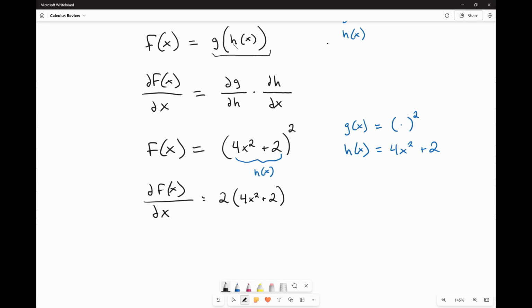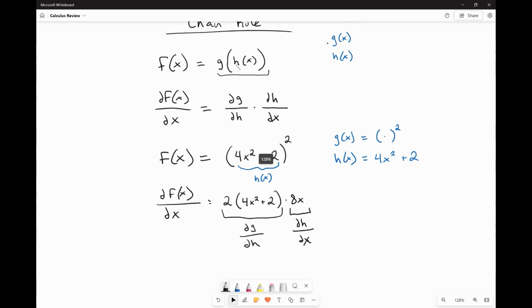So here's the derivative of the outer function first, ignoring the inner function, times the derivative of the inner function, and that is 8x. So there's our chain rule. First, we take the derivative of the outer function, the derivative of g with respect to h. And then here's the derivative of the inner function, the derivative of h with respect to x.